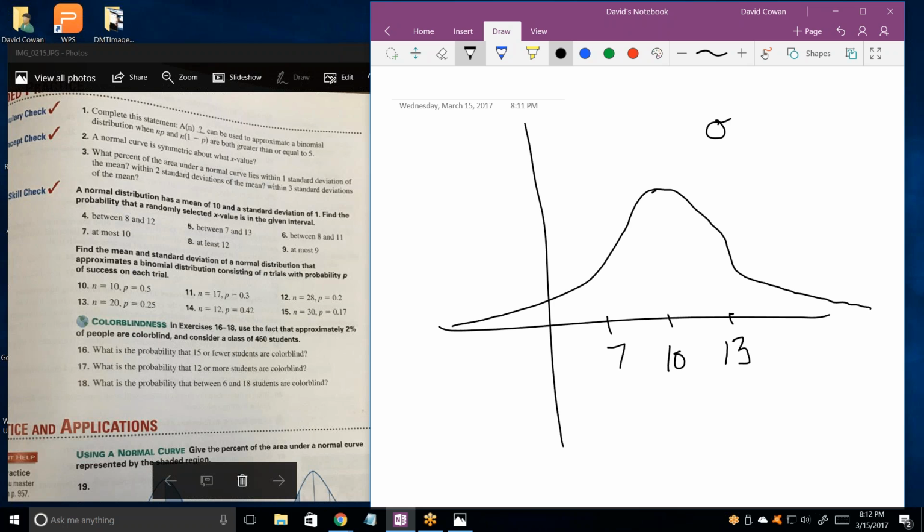Standard deviation is 1. Then I'm going 3 standard deviations right and 3 standard deviations left. So what's the probability that I would pick a number between 7 and 13? That'd be 99.7%. Okay, you gave me the 3 numbers to begin with.